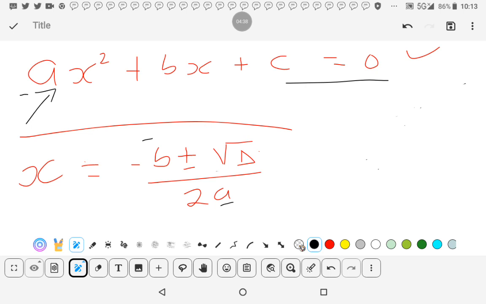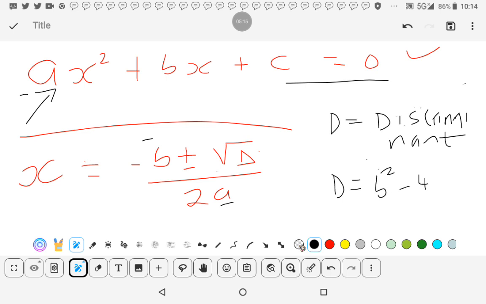D is called the discriminant. So D is your discriminant and it is calculated as D is equal to b squared minus 4ac.